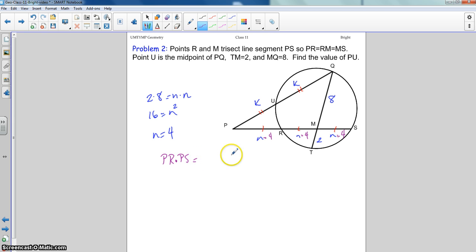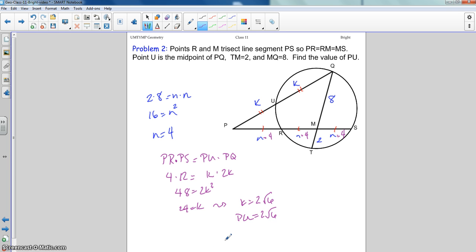The product of that should be equal to PU times PQ. Well, PR I know to be 4, PS is 12, PU is K, and PQ is 2K. So simplifying here, 48 is equal to 2K squared, 24 is equal to K squared, and therefore K is going to be equal to 2 root 6. So that means that PU is equal to 2 root 6.